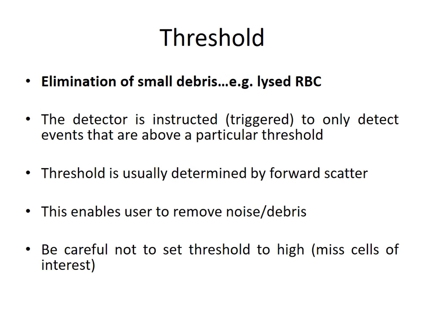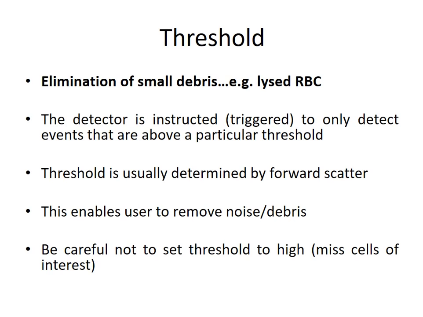So when you're asked about threshold, you'll write that it's a way to eliminate cellular events that you are not interested in. Okay? So it's elimination of small debris, such as lysed red blood cells or lysed cells, but also red blood cells, intact red blood cells as well.